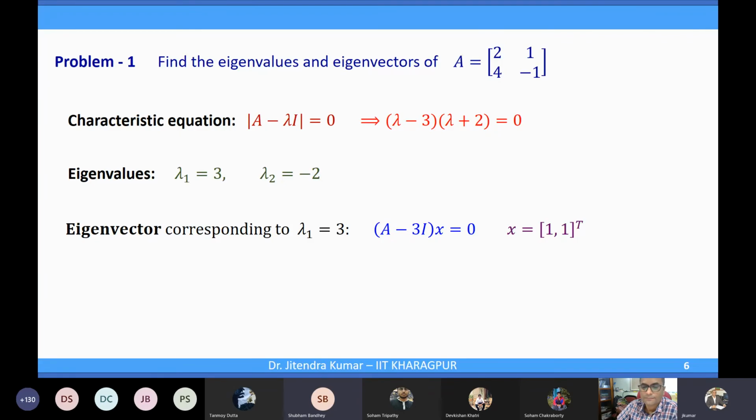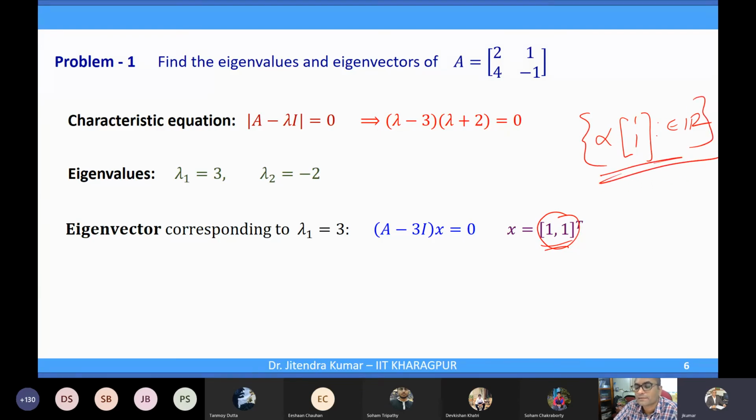And sir, what will be the corresponding eigenspace? Yeah, that is the eigenspace. So alpha times 1, 1. This is the generator. 1, 1 is the generator for that. That is the basis, right? So the basis of that eigenspace is 1, 1. Anything you take here, this is the set.